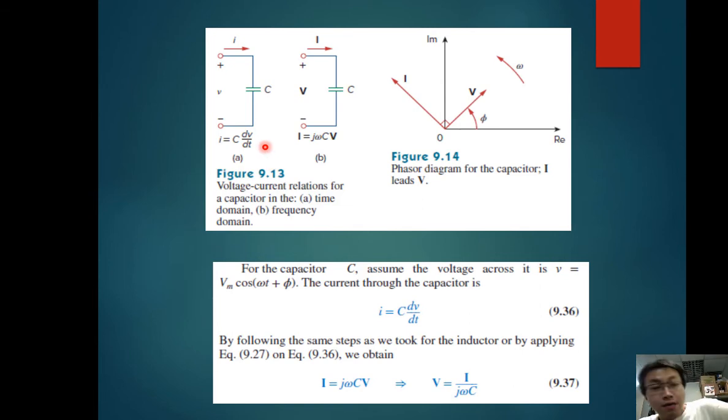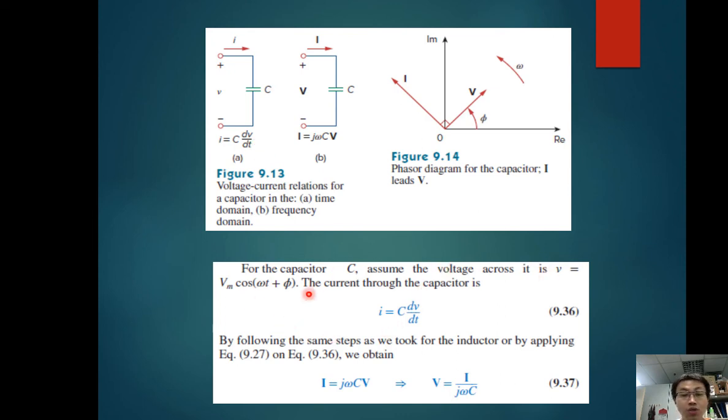In chapter 2, we talked about the equation of the capacitor, which is I equals C dV/dt. We can also write it in the frequency domain, where I equals j ω C V. This is how we derive it. For the capacitor C, unlike the previous two cases, the resistor and inductor, where we assumed I first, now we need to assume V because we are dealing with dV/dt.